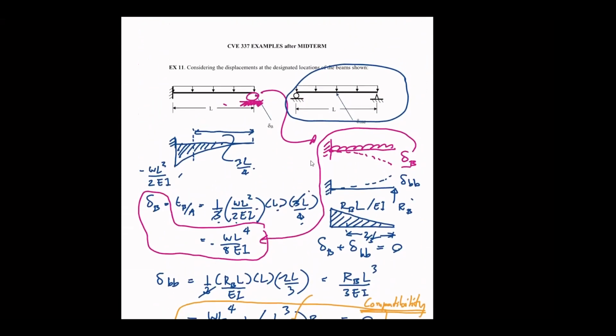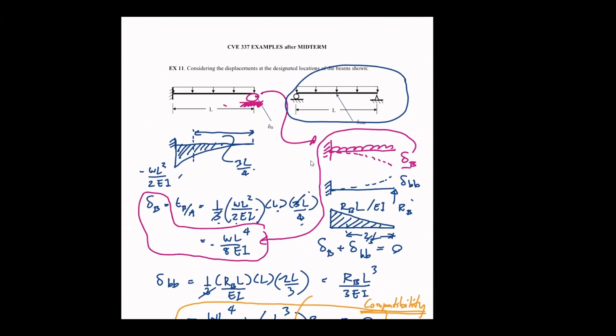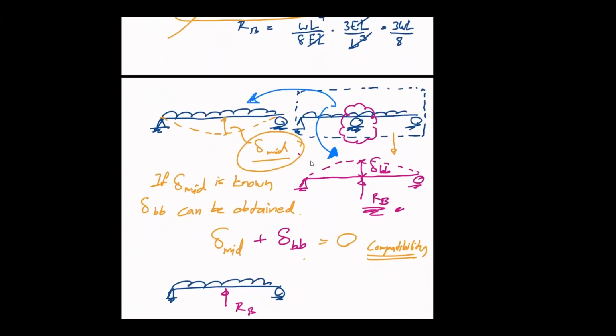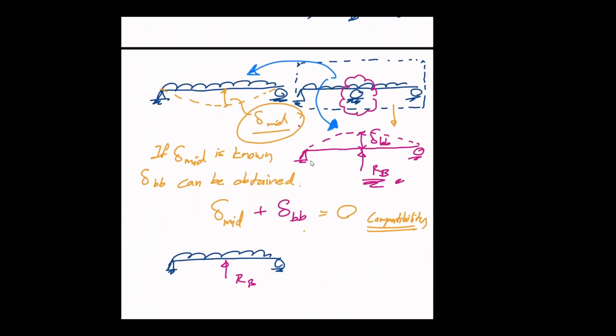In this condition, if I remove this reaction or support, I will get the delta B. If I have it, there is no delta B. And likewise here, if I have a simple beam and I remove the support in the middle, I have delta in the middle.